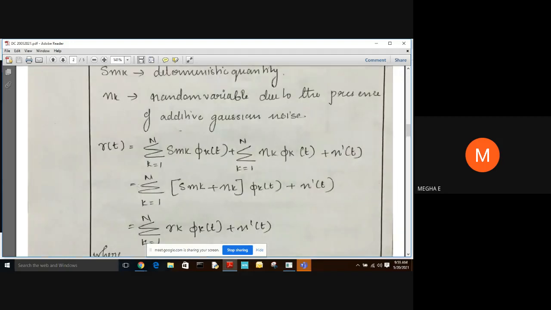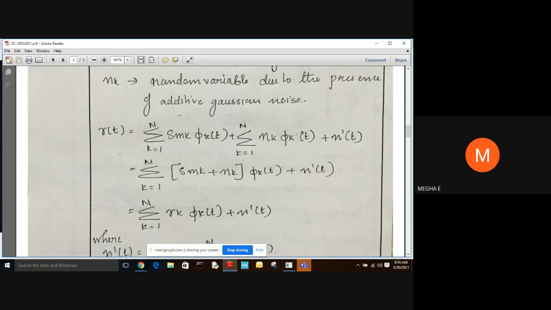So we are converting the integral into summation. This r of t is nothing but smk phi k of t plus nk phi k of t plus n dash of t, and taking the common term outside, we get smk plus nk, which is nothing but rk. So this is the final equation for the kth correlator output.